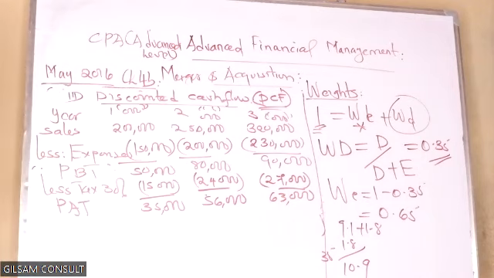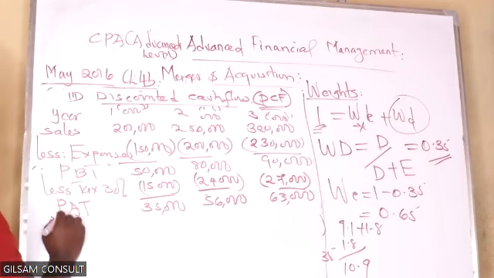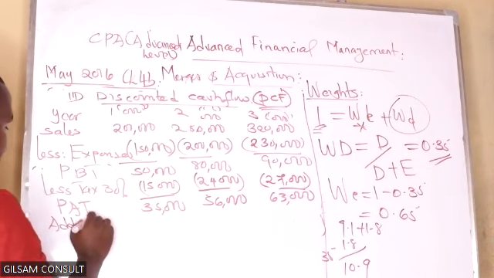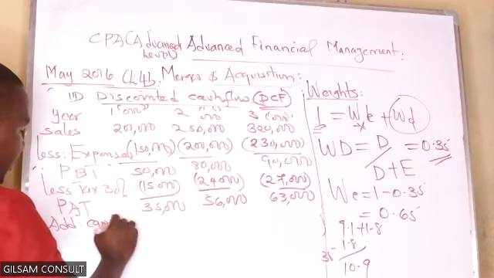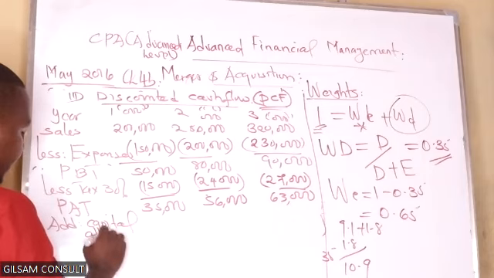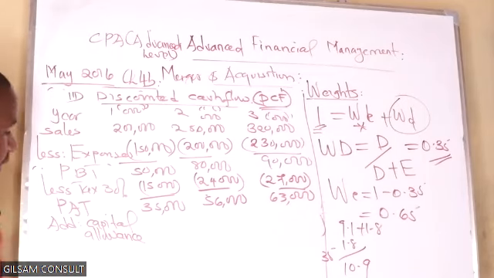Then because we are using free cash flow, you need to add back depreciation, or capital allowance. They have called it capital allowance. The capital allowance is non-taxable, so we add it.